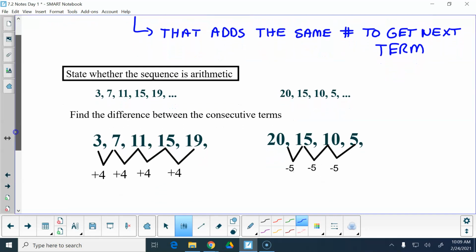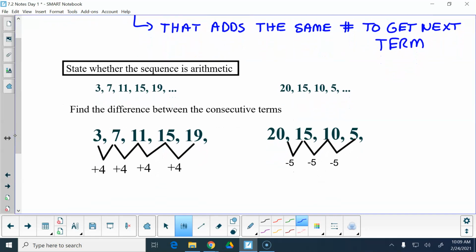In both of these cases, if I needed to state whether the sequence is arithmetic or not, I would have to look at the difference between the first and the second term. And that difference here, I'm adding 4. And then I would look at the difference between the next two. Again, adding 4. And then the next two.